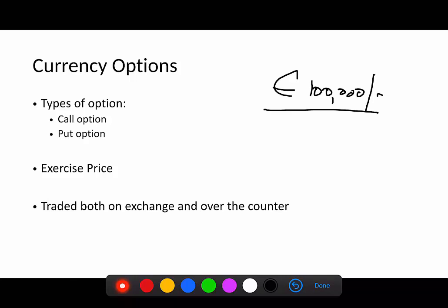Right now, if you see just after the presidential elections, I'm talking about the Joe Biden versus Trump elections, there is a lot of pressure on the US dollar against all the currencies, and you want to be certain that whatever euros I receive, there will be specific dollars I'll get.